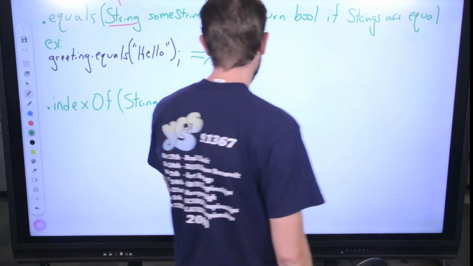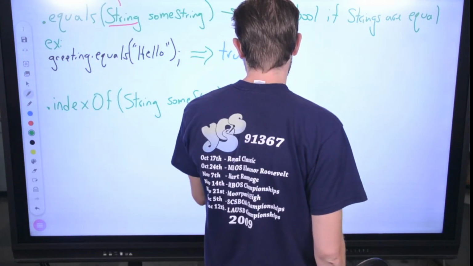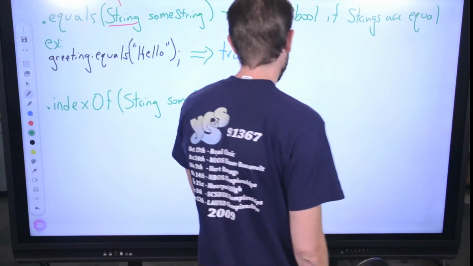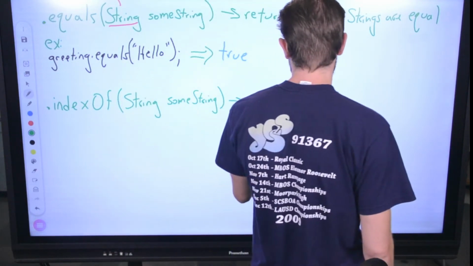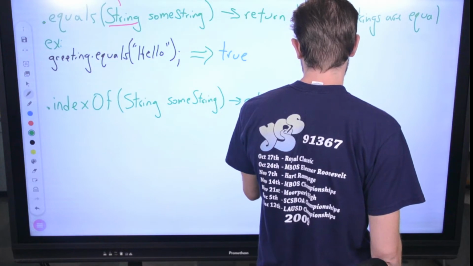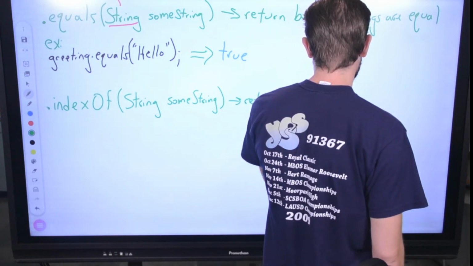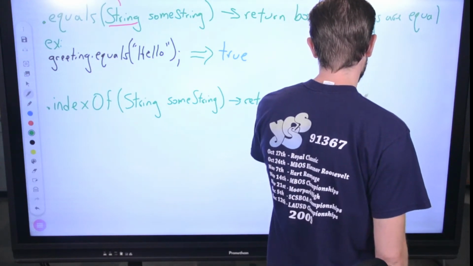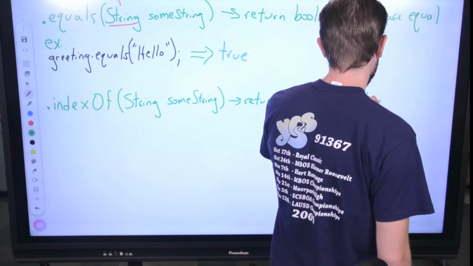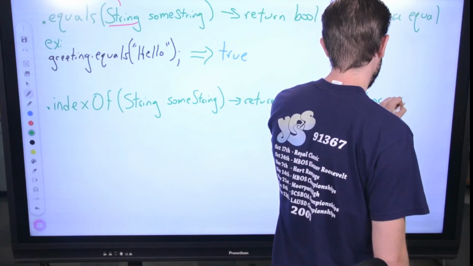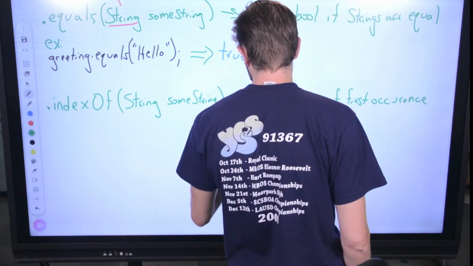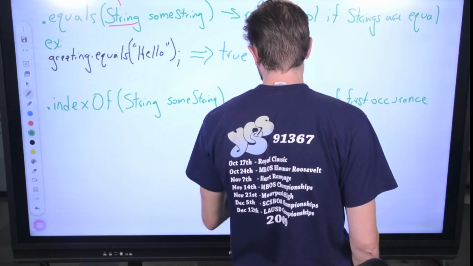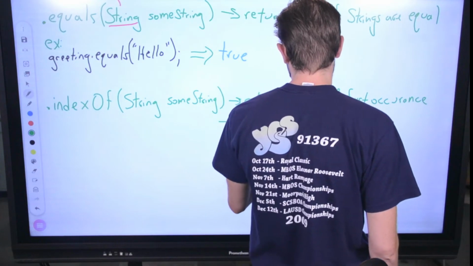And this returns the value of the index of the first occurrence of that string, or -1 if not found.